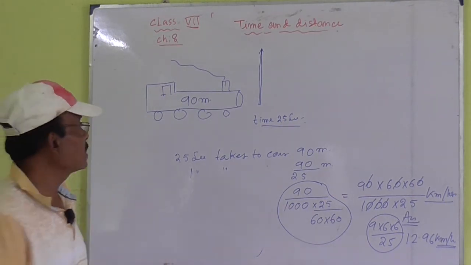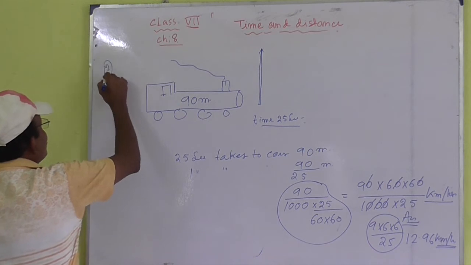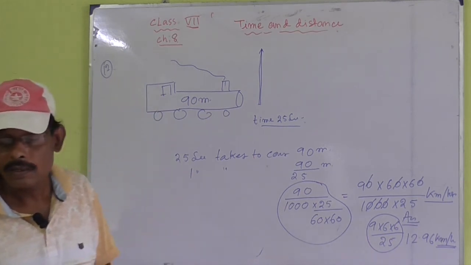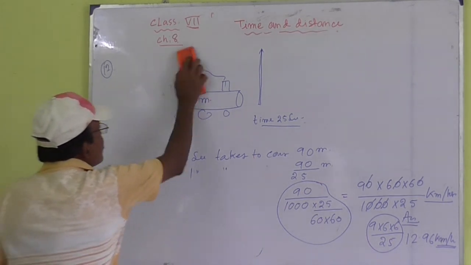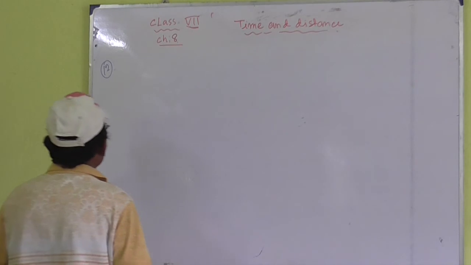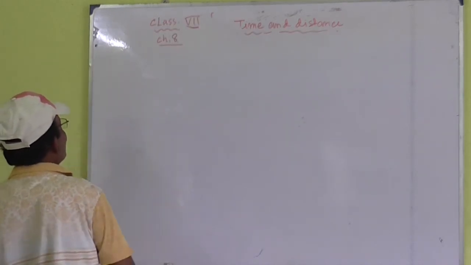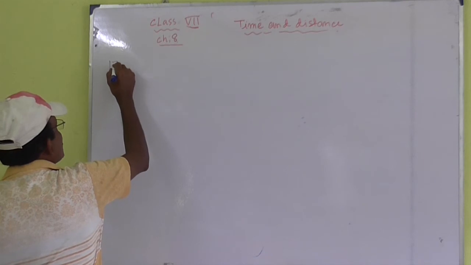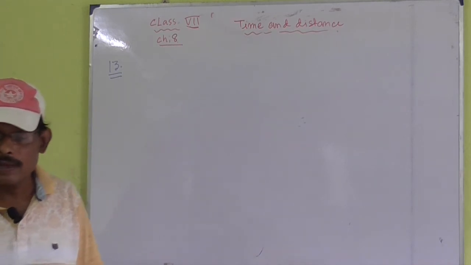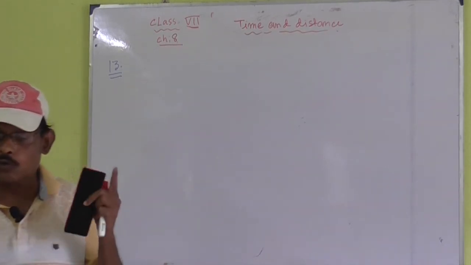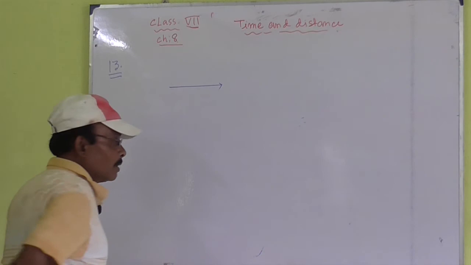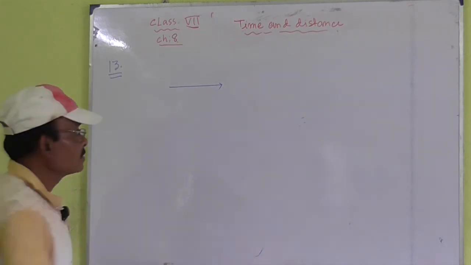Next sum. This sum is sum number 12. Then I will solve the next sum, sum number 13. Sum number 13 is that here the lengths of the two trains are, the length of the train is 150 meter.